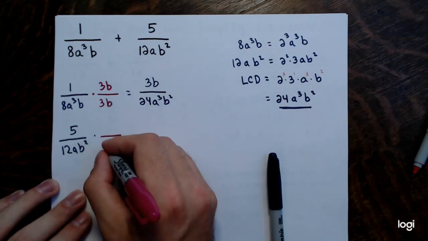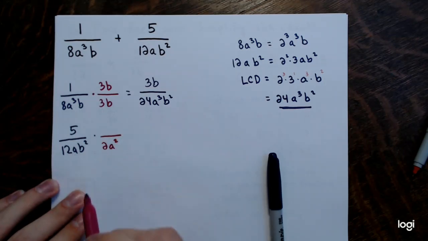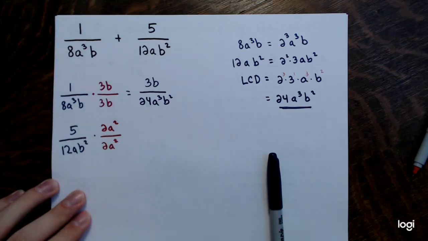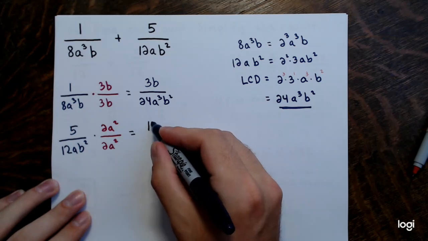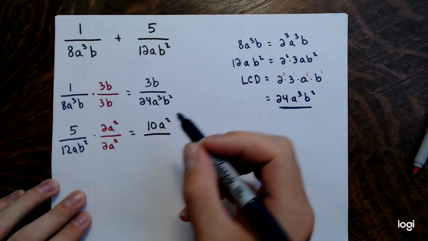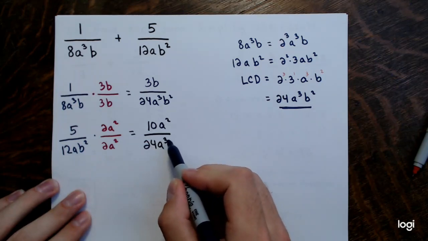I'm missing a 2 and a squared, right, to make a cubed. So I'm going to multiply the numerator and denominator by 2a squared. Numerator is now 10a squared, right? 5 times 2a squared over, and the denominator is my LCD, 24a cubed b squared.